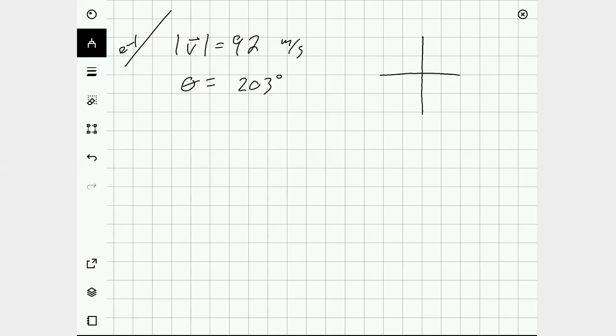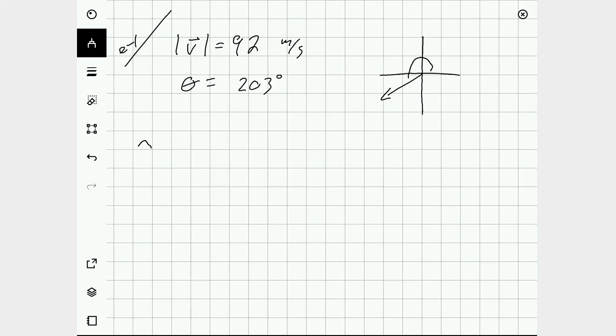First thing I recognize is that a 203-degree angle is going to be over here in the third quadrant, which means that my x and y values should both be negative. But going in this direction, generally speaking, I can trust my calculator to handle that for me.